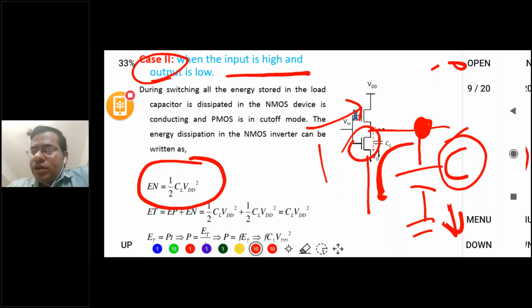Previously in the first case, your PMOS transistor was connected here and your capacitor was charging, but now your capacitor is discharging. If the capacitor is fully discharged, your output is 0. This is an inverter. If the input is 1, your output is 0.